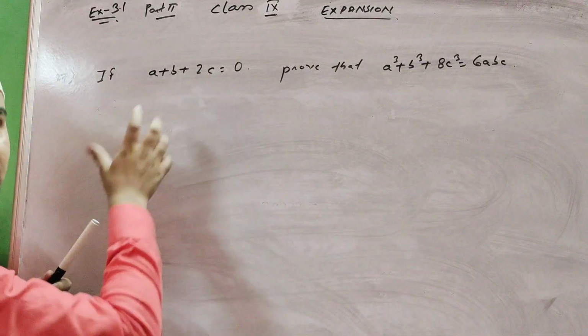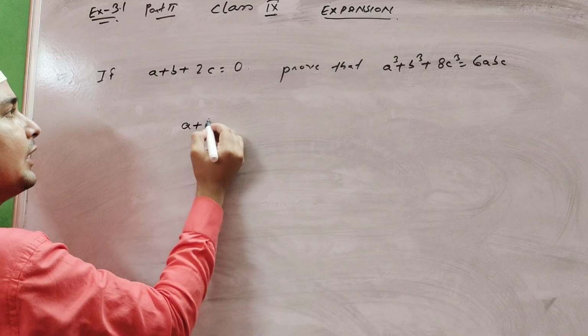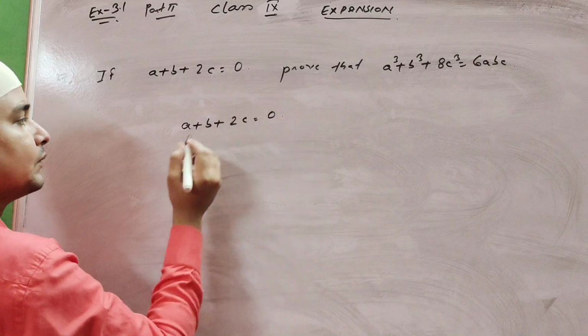Okay, this is your question. Using this one, given a plus b plus 2c equals 0, this is given.